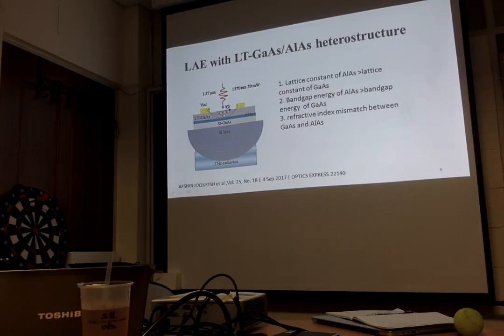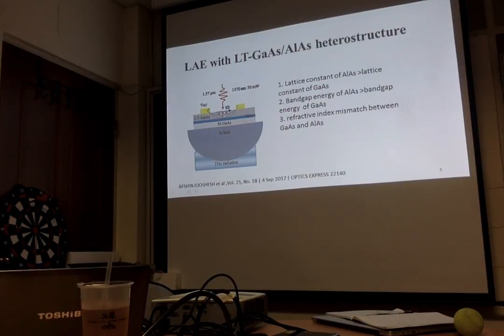It's a typical gallium arsenide with very high resistivity, so-called semi-insulating gallium arsenide, not silicon. It's semi-insulating, very high resistivity, and very thick. Typically it would be like 500 micrometers, or even thicker.